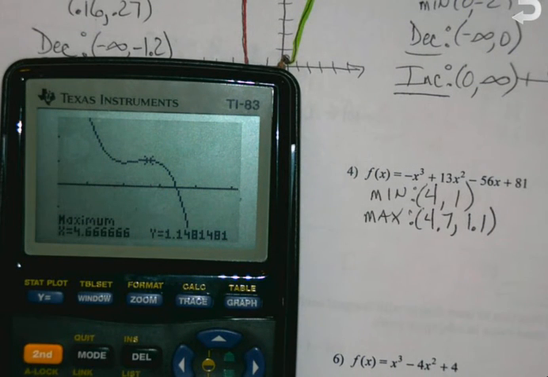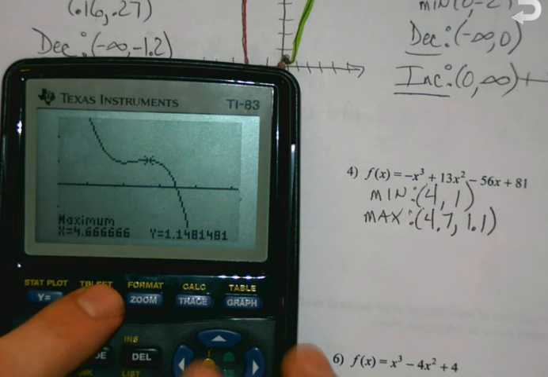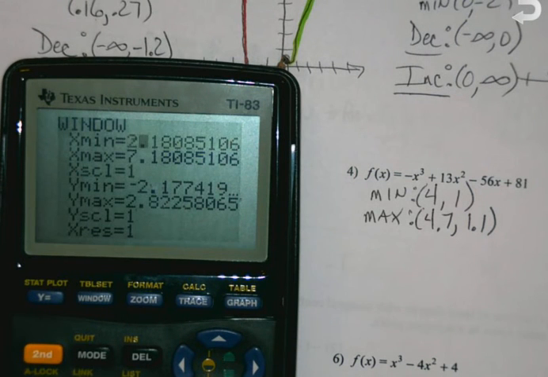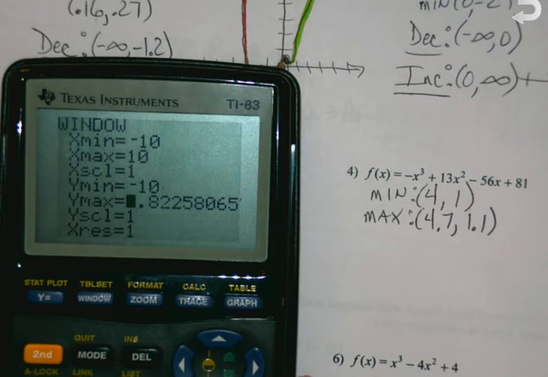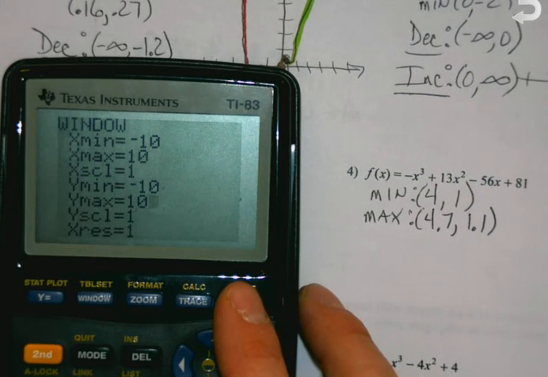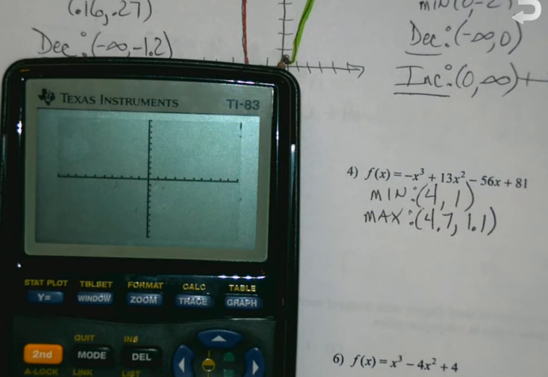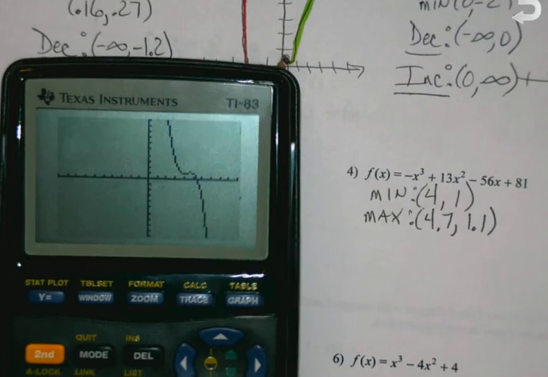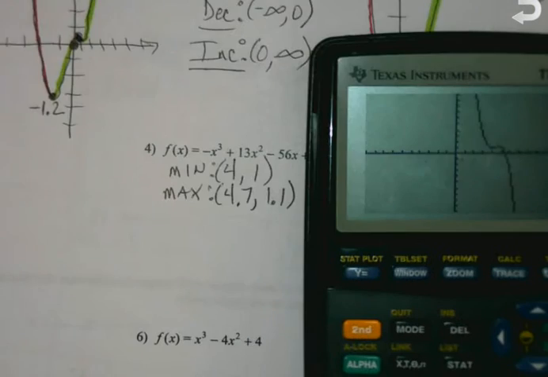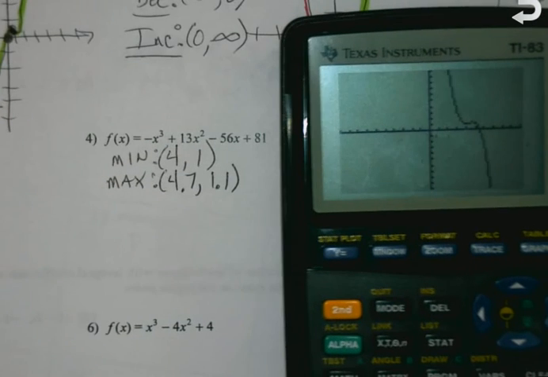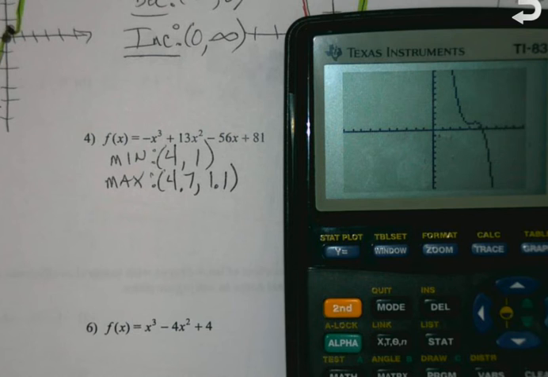So let's get zoomed back out. Get your window back to our normal, which is negative 10 to 10 on this, because now we're going to sketch this, now that we've got the information that we need. So we've got it back.